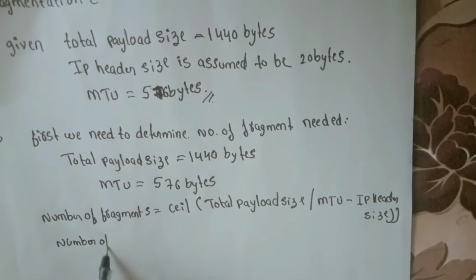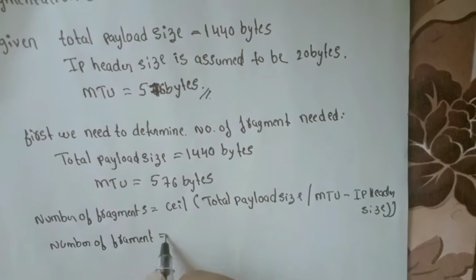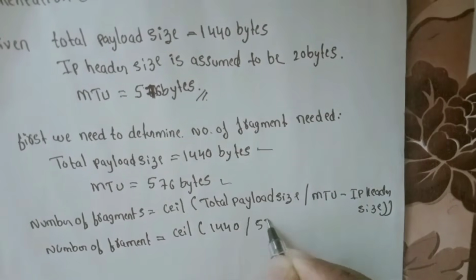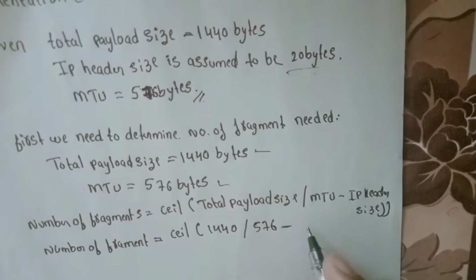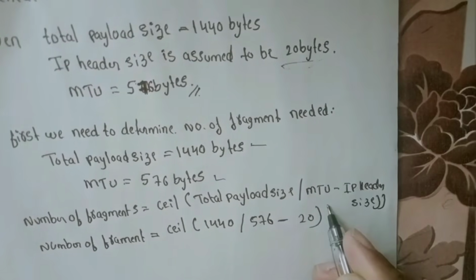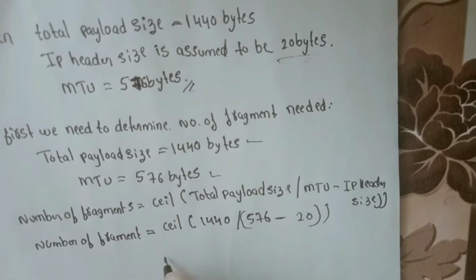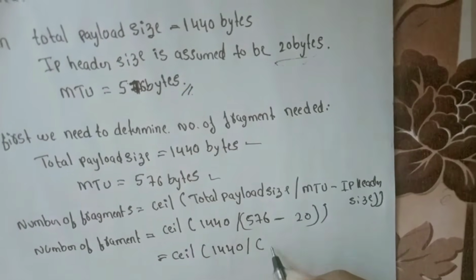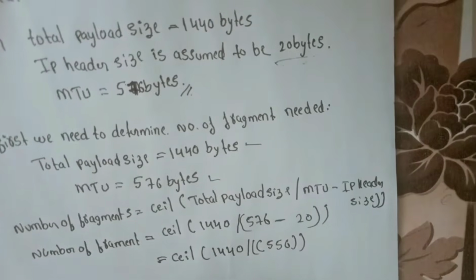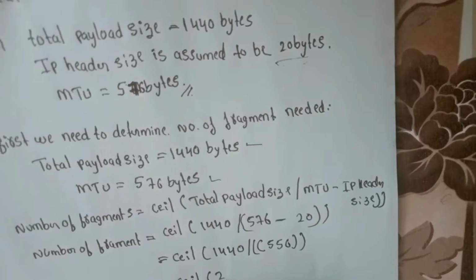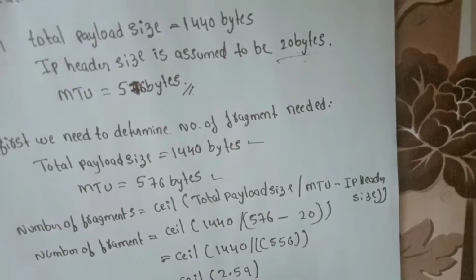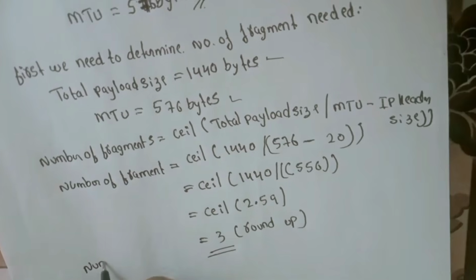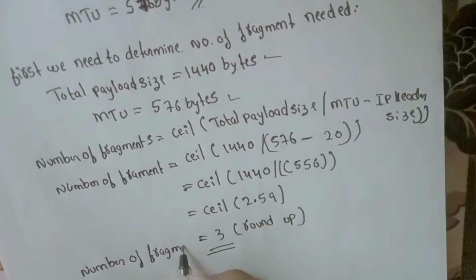That is the ceiling of 1440 divided by 576 minus 20, which means 556. It is the ceiling of 2.59, which rounds up to 3. This is the number of fragments we need to find out.